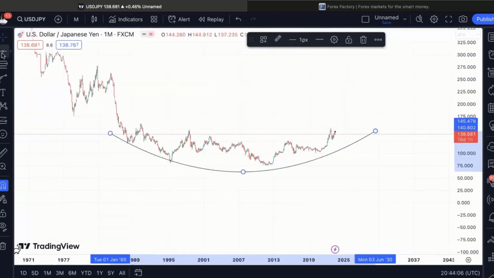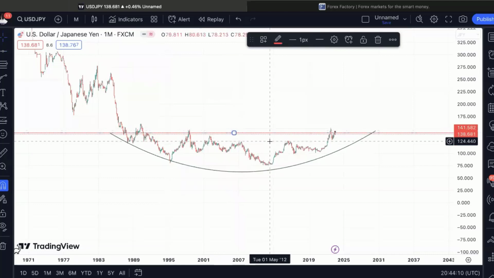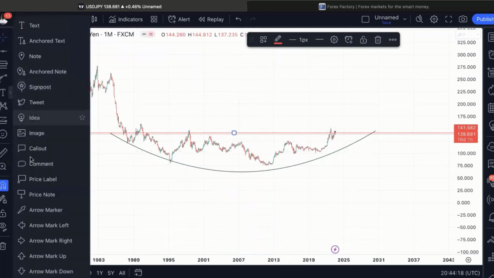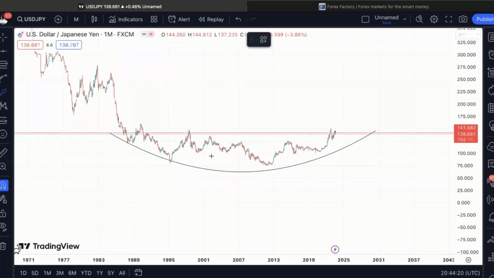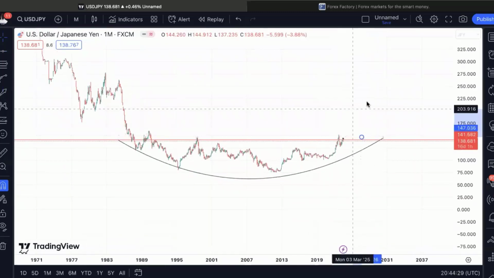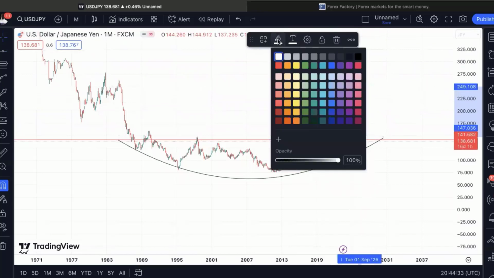Can you see that? So what do you think we are expecting here? Here is what we are expecting.